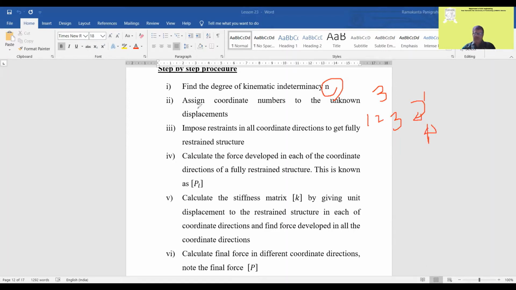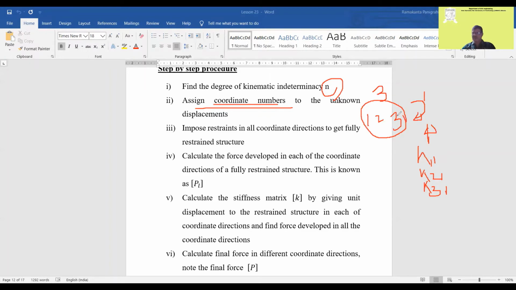So assign the coordinate system, because you have to find K11, K21, K31, and all these things. That means if you apply the displacement at 1, what is the force at 1, 2, 3, that you have to find out. That is why assigning the coordinates is very important.